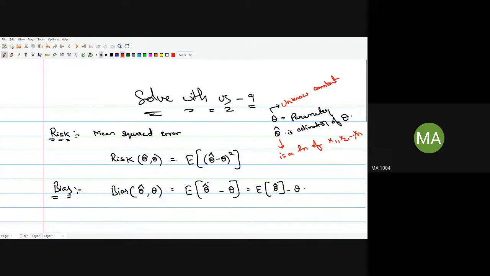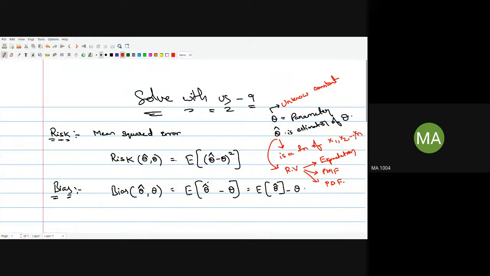So theta hat is a function of random variables, so theta hat will be a random variable. Once it is a random variable, it has some expectation, it has some PMF and some CDF, or PDF if it is continuous.